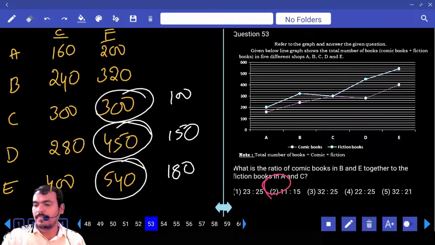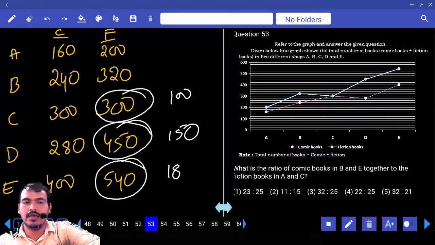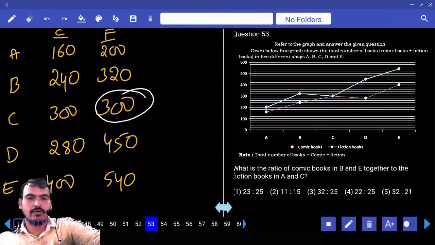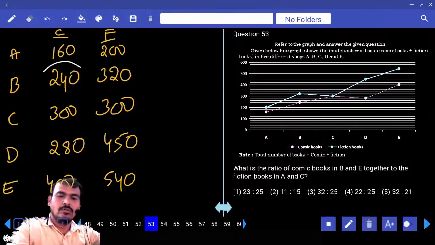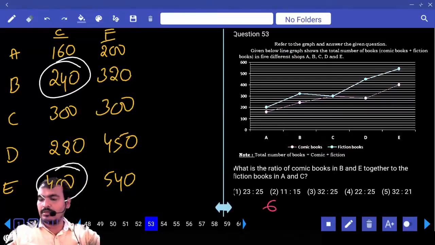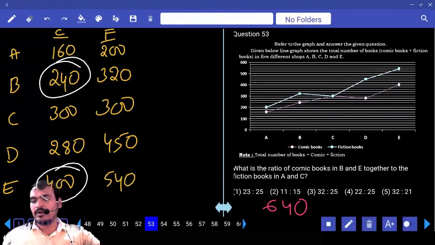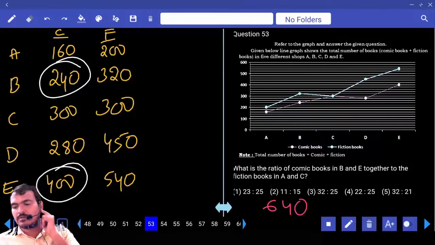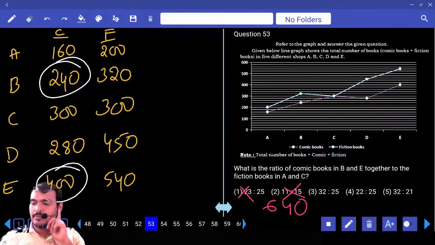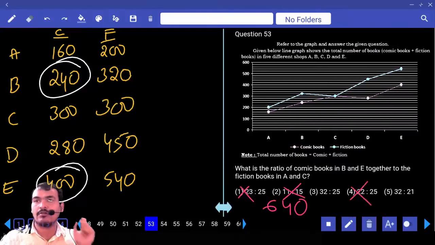Next 53. What is the ratio of the comic books in B and E together to the fiction books in A and C? Comic books in B 240. E value 400. Total 640. 640 is a multiple of 16 and also 32, so the first, second and fourth options are eliminated.